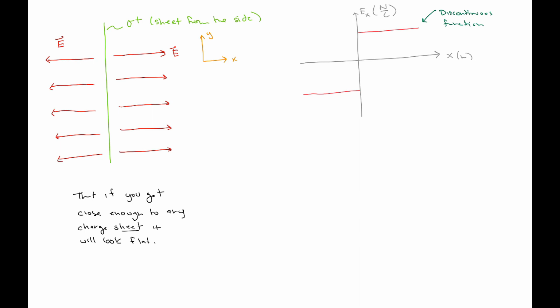If I were to calculate the difference between the electric field in the perpendicular direction above this sheet and the electric field in the perpendicular direction below the sheet, I would get 1 over epsilon times sigma.